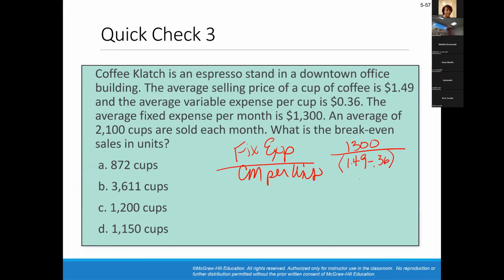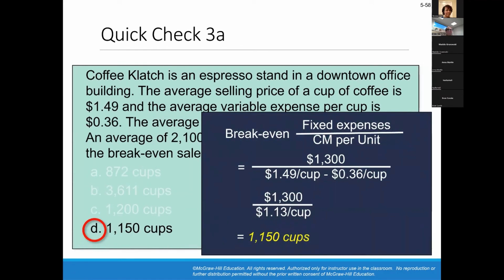That gives us our contribution margin, which is the 113. And then 1,300 divided by the 113 is going to equal the 1,150 cups. Okay, so that's our units. That's how many cups we have to sell to break even. Okay, and there it is, worked out for you.